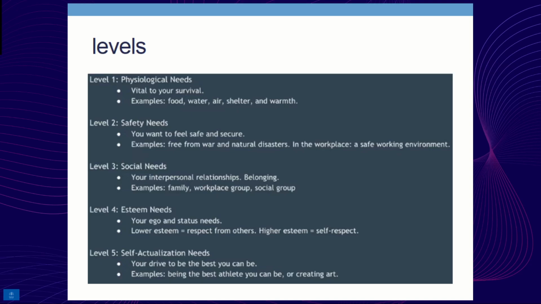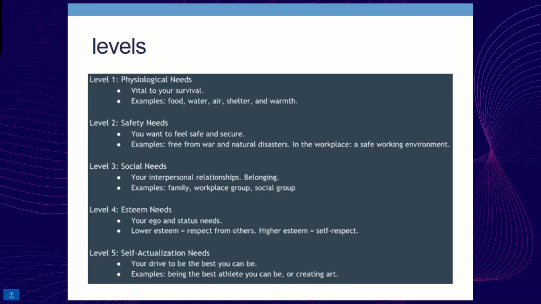The fourth level, esteem needs. Once you have met your needs at the lower 3 levels of Maslow's hierarchy of needs, your esteem needs will become more important in influencing and driving your behavior. Esteem needs are your ego needs and status needs. At this level, you will be motivated by getting recognition from others, achieving high status, achieving respect, and feeling important.